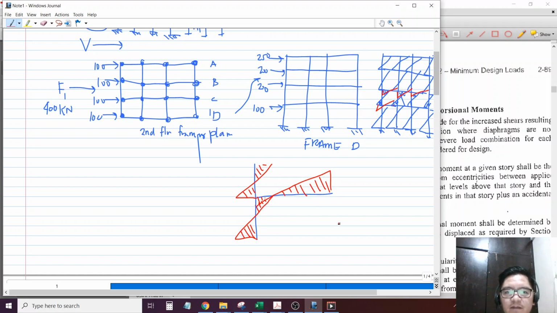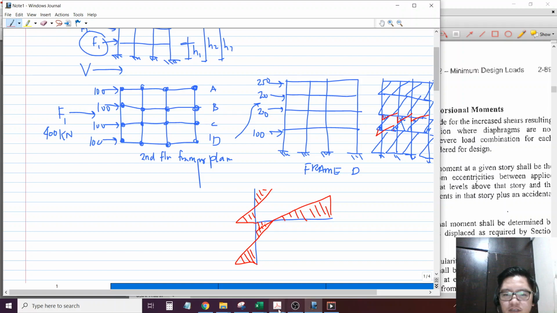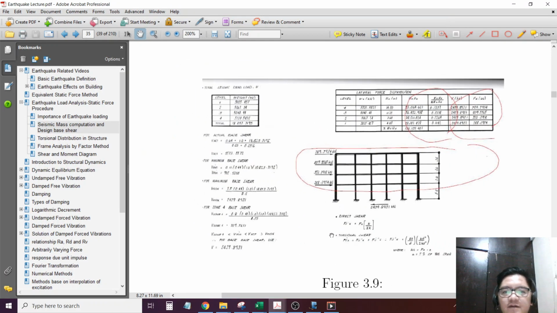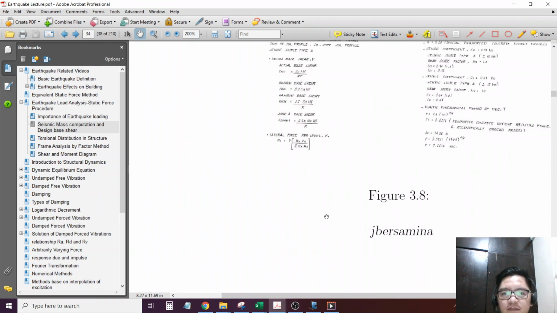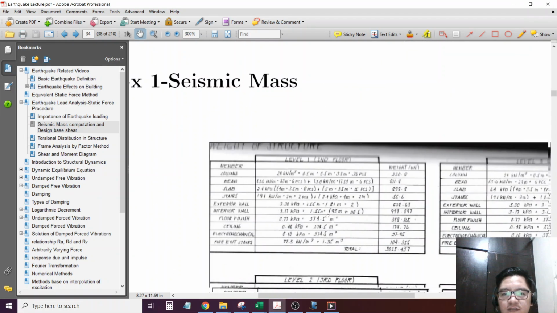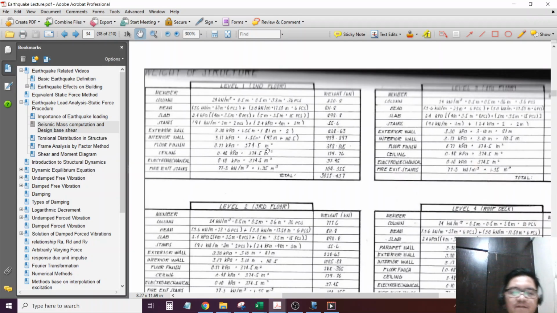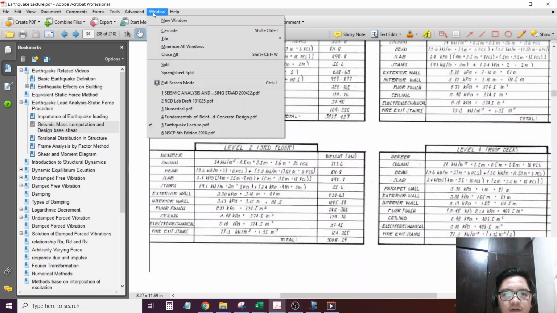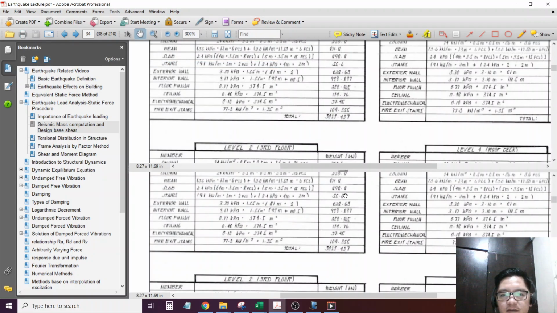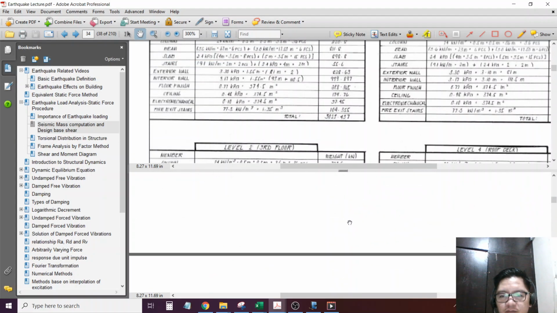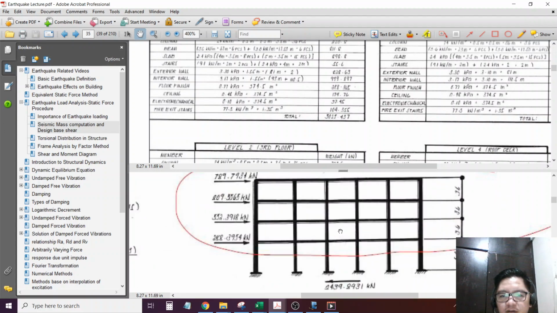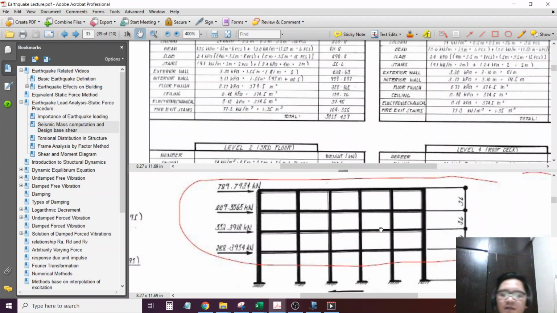So, meron tayong example sa ating ebook, which is this. First discussion, the seismic mass. Okay. So, ito yung ating window split, para makikita nyo yung typical frame.